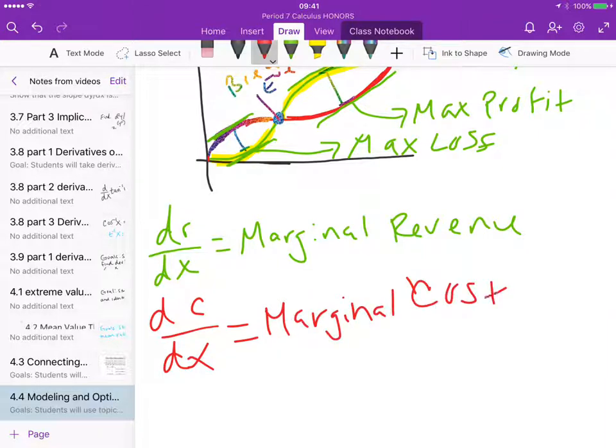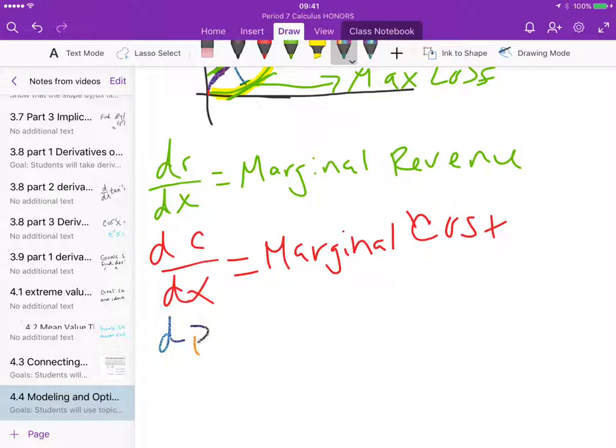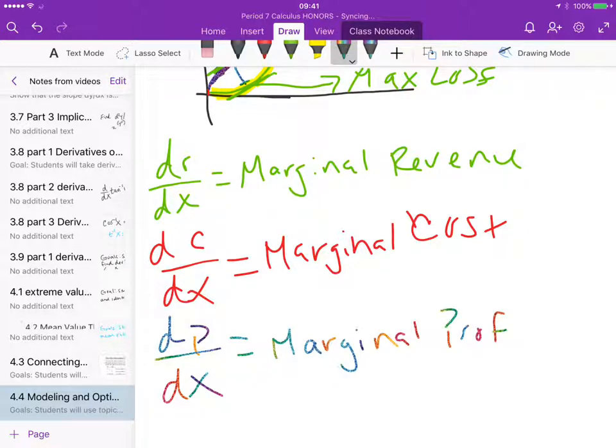Hopefully those are familiar terms, especially if you've taken calculus. And the derivative of P, our profit, with respect to x, is called our marginal profit. It's all super important stuff to know, especially if you're looking to get into business administration, entrepreneurship, and things of that nature as well.